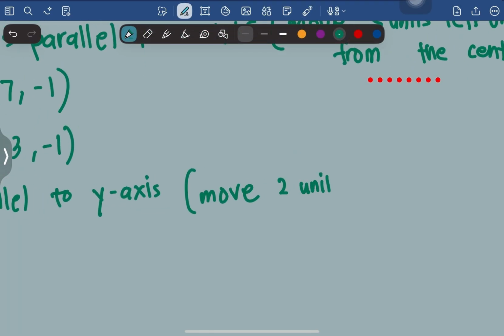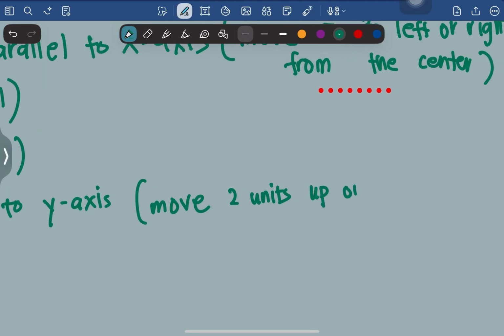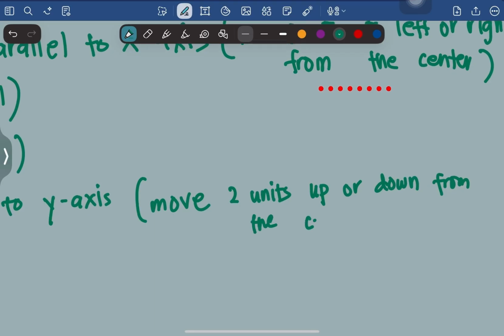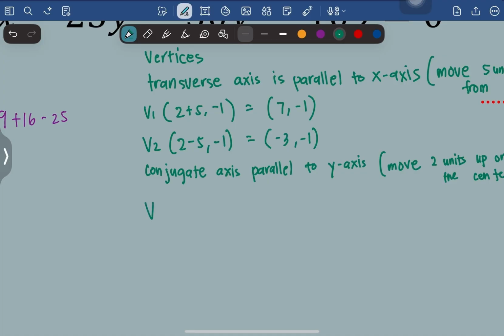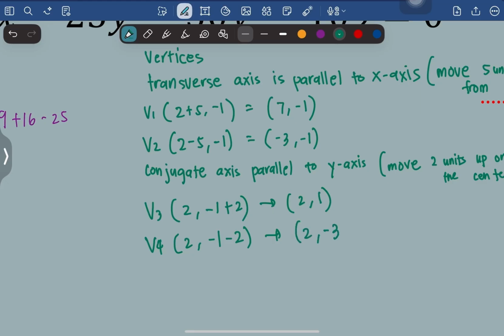Therefore, for the points, saan ka mag-add and subtract ng 2? Sa y-coordinate naman ng center. Negative 1 plus 2, this becomes 2, 1, and the other, negative 1 minus 2, becomes 2, negative 3.